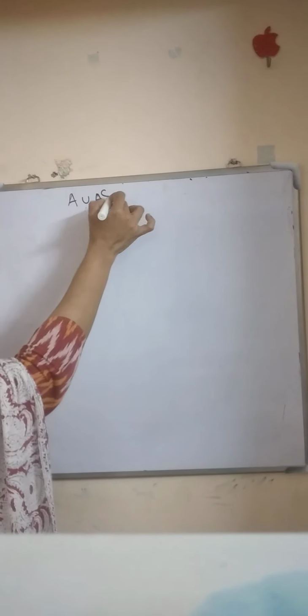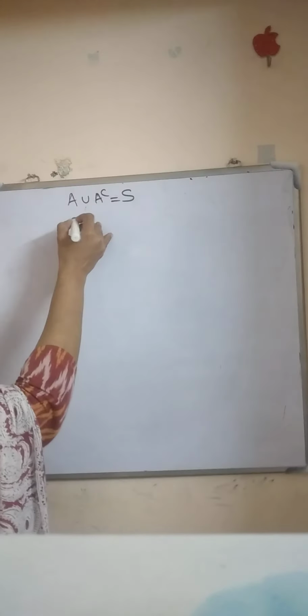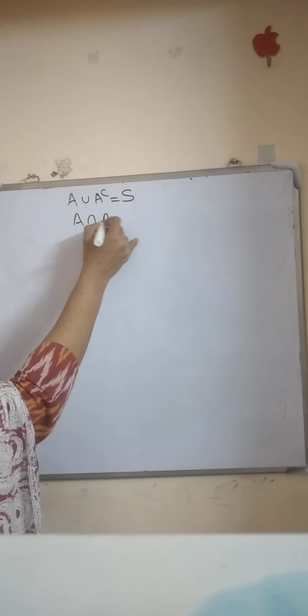Fuzzy complements do not always have all the characteristics of crisp complements. In usual set theory, the complement, we know that A union A complement is equal to the sample space and A intersection A complement is equal to the null set.